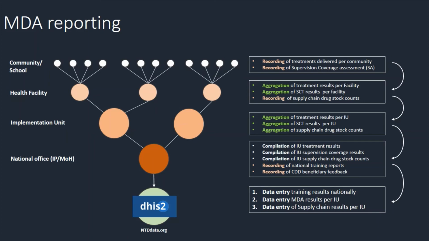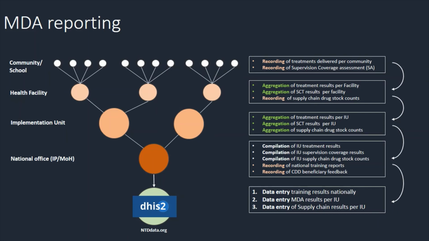So here you should think of the number of people trained, disaggregated by gender, but also the pre and post test results of that training, as well as the perceived quality of that training. So both the national training reports, but also the recording of beneficiary feedback will happen at the national level.